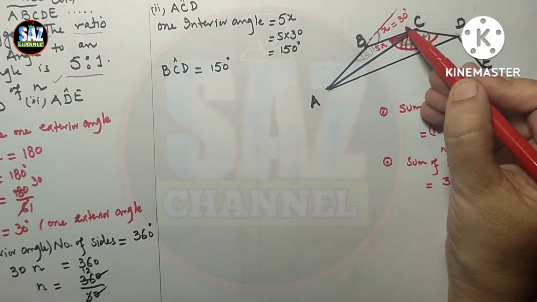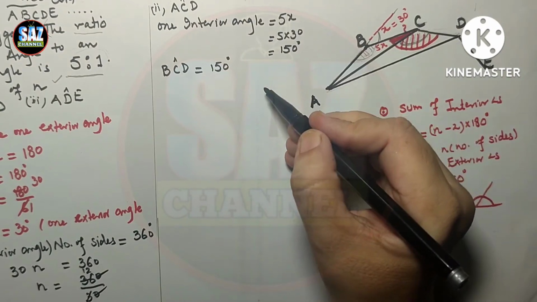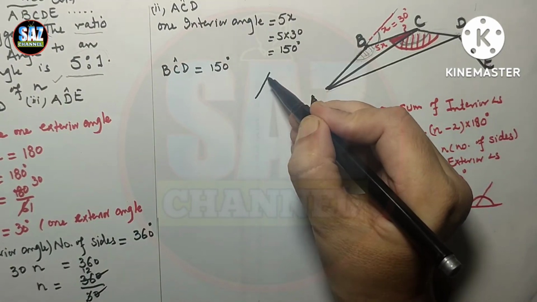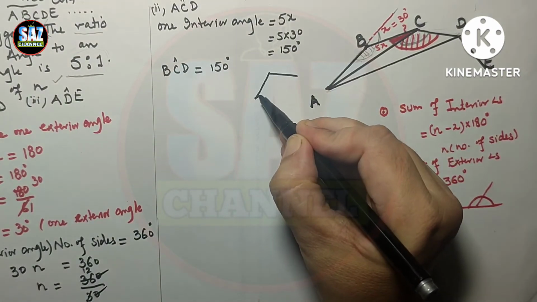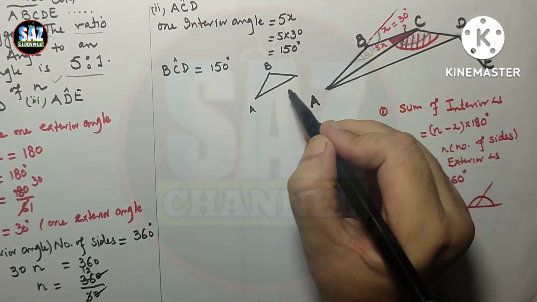Now what to do to find this extra portion? I have to take the triangle. Which triangle, students? A, B and C. Always give small references for the examiner to understand the message easily.